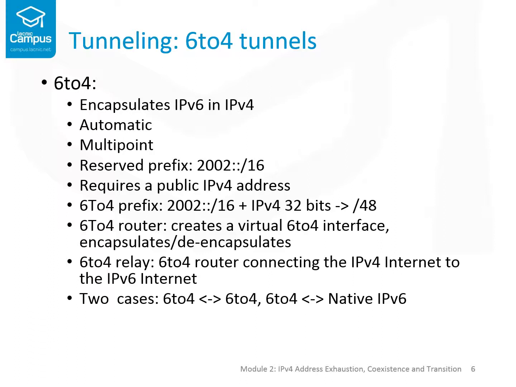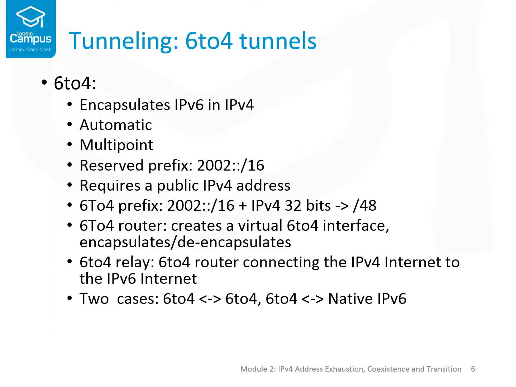The 6-to-4 router creates a virtual 6-to-4 interface that encapsulates IPv6 packets in IPv4. The 6-to-4 relay is a 6-to-4 router that also connects the IPv4 internet to the IPv6 internet.